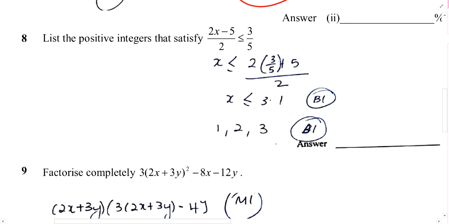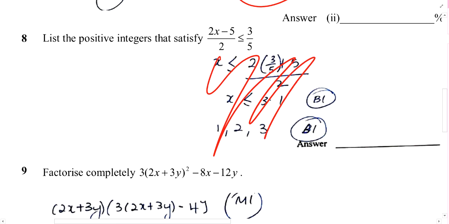So pay attention if you need help for this. The inequality, we have (2x minus 5) over 2 less than or equal to 3 over 5. We usually don't like to work with fractions because they are hard to visualize. So let us convert them. Let's get rid of the fraction.